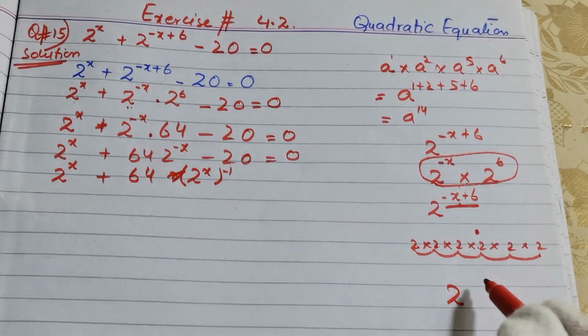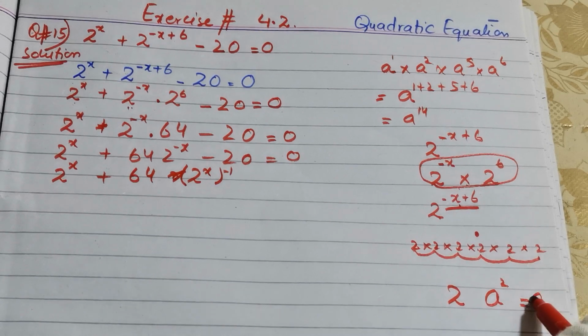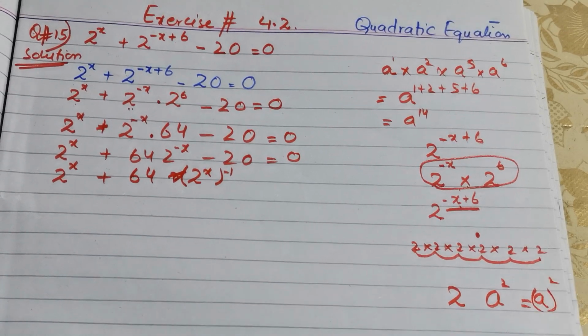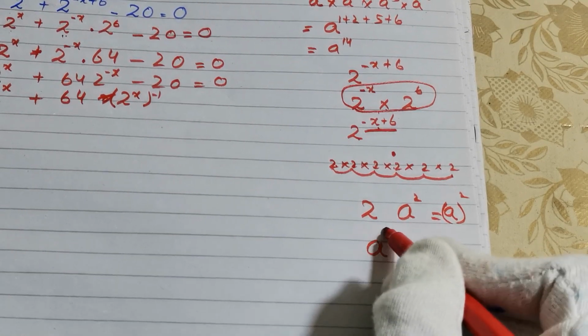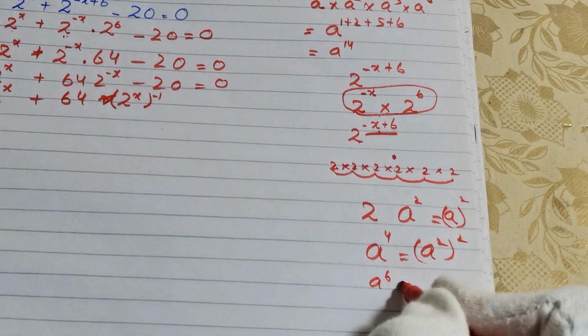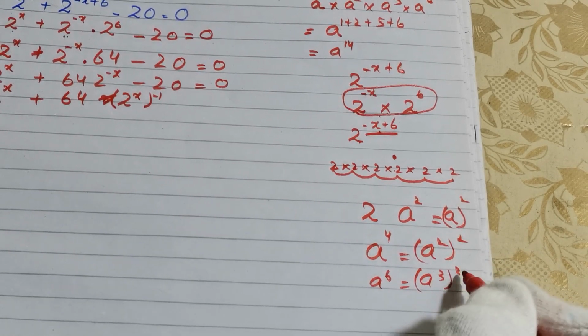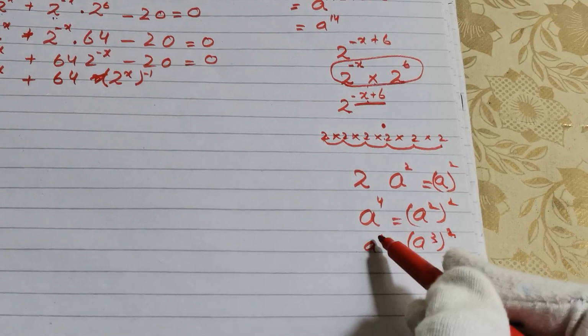For example, if we have a square, we can write a raised to power square. If we have 4, then we can write a square whole square. If we have 6, we can write 3 into 2, because 3 2s are 6.